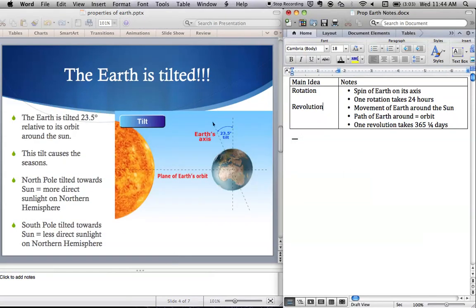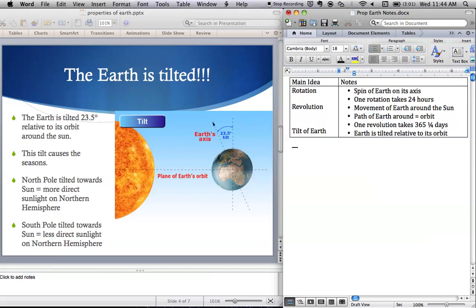The next thing, and this is what we're going to focus on for the rest of the notes today, is that the Earth is tilted. So the tilt of the Earth. The Earth is tilted on its axis, relative to its orbit.